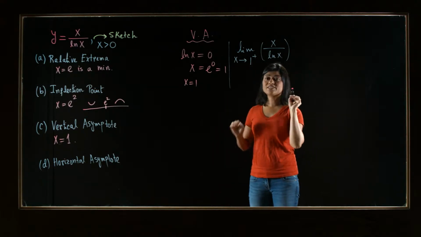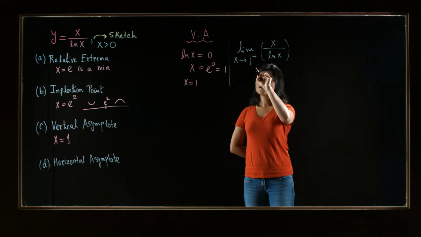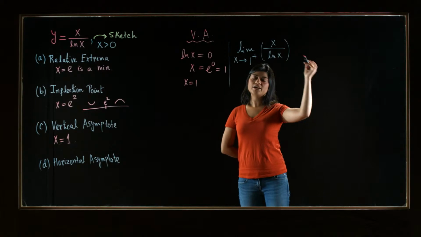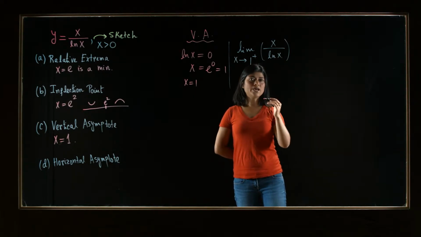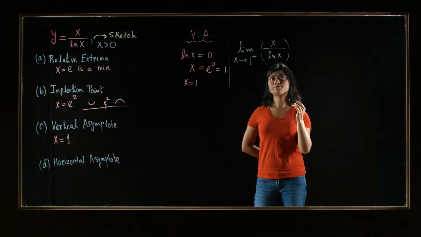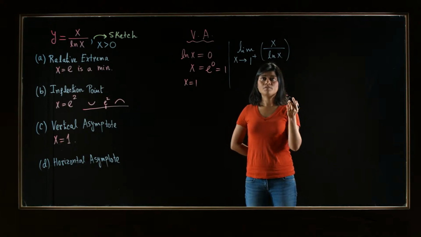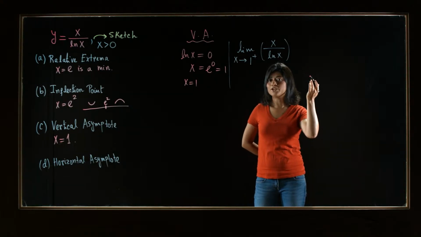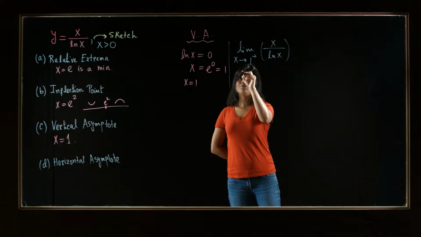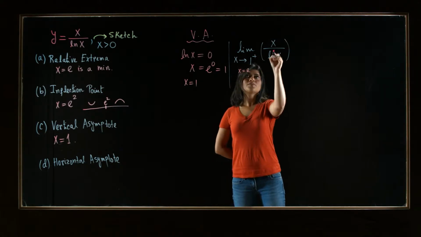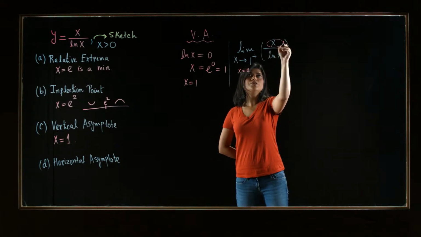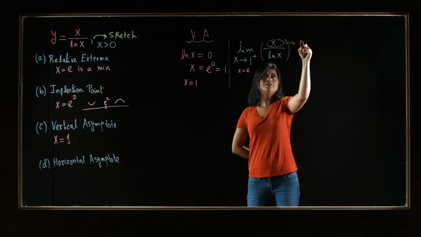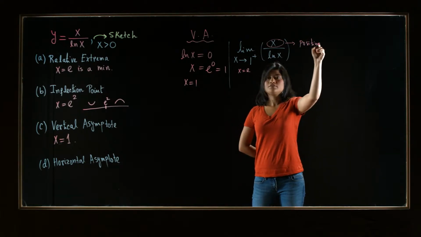So the best way to figure out the limit is to pick some value to the right side of 1. And what's the best value to pick? Let's pick, say, e. Because we have natural log, we know what the value of natural log of e is. So if you plug in x equals e, what happens to the numerator? Well, it's a positive quantity, right? This is just e.